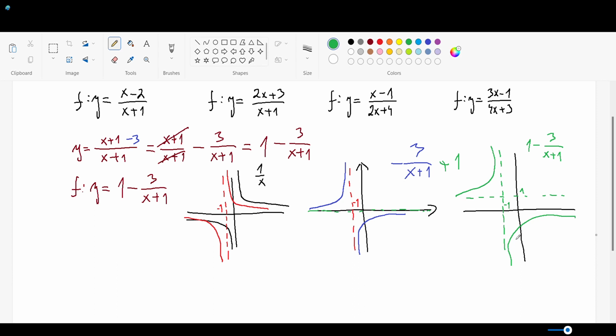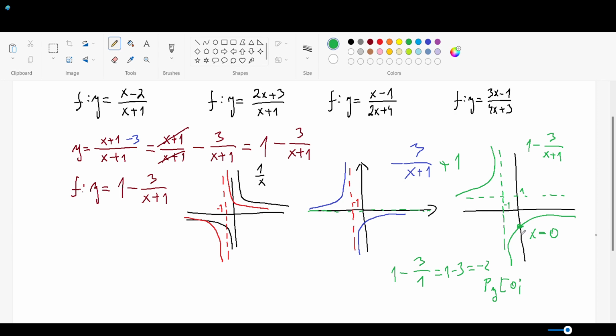What is interesting about this function maybe is if we want to calculate the y-intercept, which would mean that x equals 0. So basically my intercept with the y-axis is x equals 0, and I have to calculate the y coordinate, which would lead then to the equation 1 take away 3 over 1, which means 1 take away 3, which is -2.